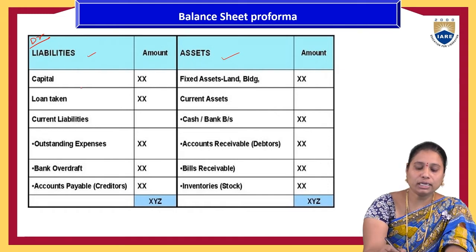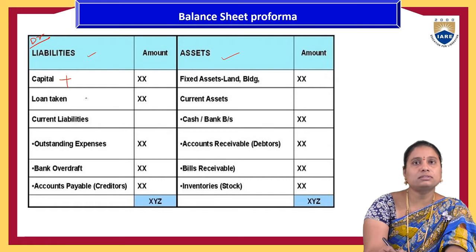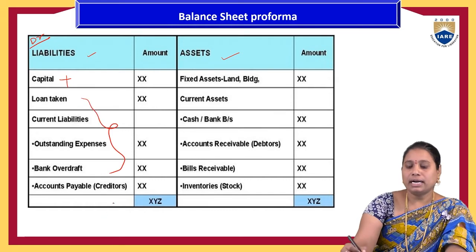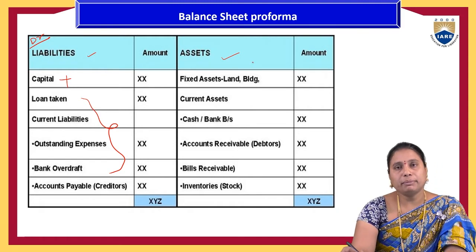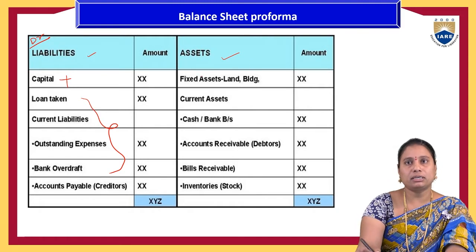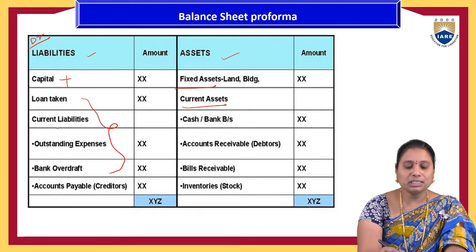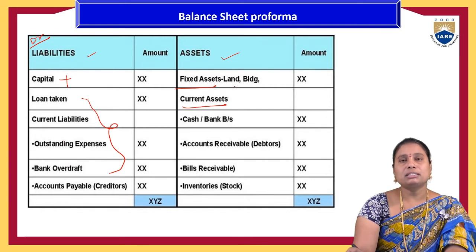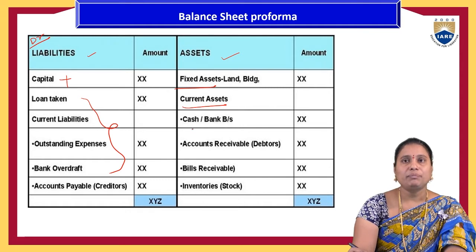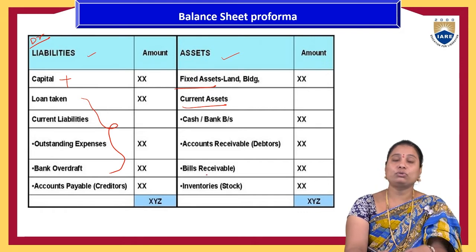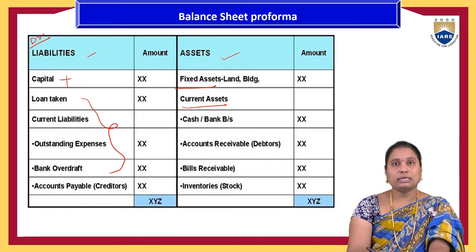The liabilities include the capital plus the amount owed by the organization, and the assets gained by the organization are termed fixed assets and current assets, and the liabilities are fixed liabilities and current liabilities. Under the fixed assets, land, buildings, plant and machinery, etc. will be added. Under the current assets, cash at bank, cash in hand, accounts receivable, bills receivable, and inventory, that is the closing stock of the organization.